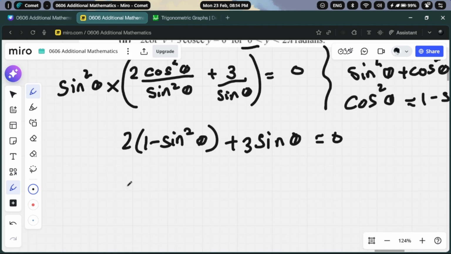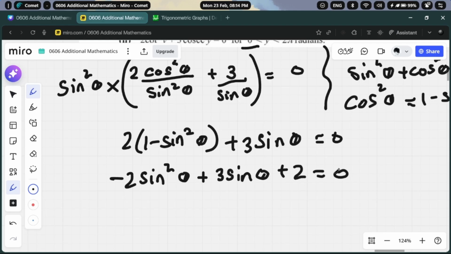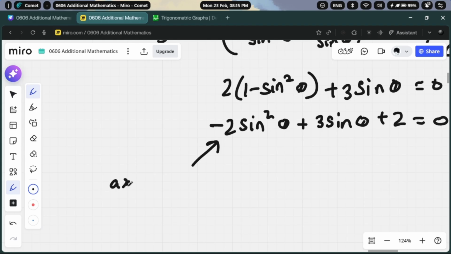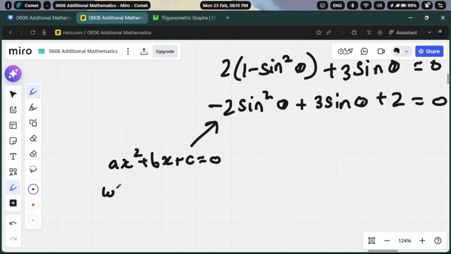Now simplifying this would give you minus 2 sine square theta plus 3 sine theta plus 2 is equal to 0. Now you have to recognize that this is actually a hidden quadratic, because it's in the form ax squared plus bx plus c is equal to 0, where essentially x is equal to sine theta.